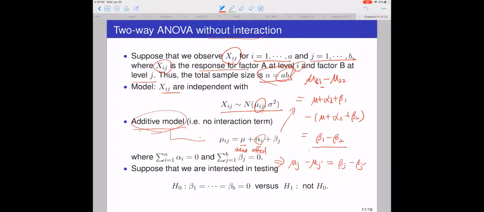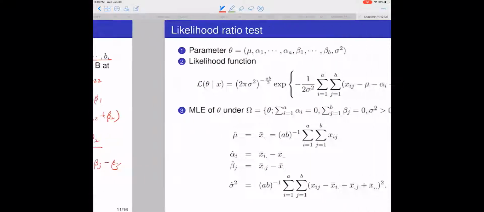This is the effect due to level i in factor A, and this is the effect due to level j in factor B. Suppose that we are interested in testing whether there's no systematic difference due to factor B. That is the assumption.